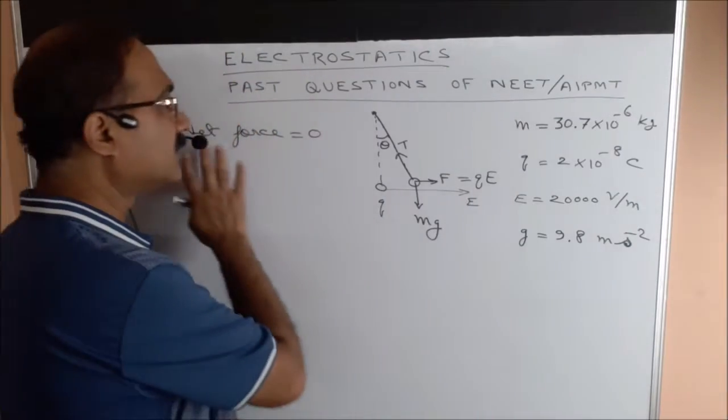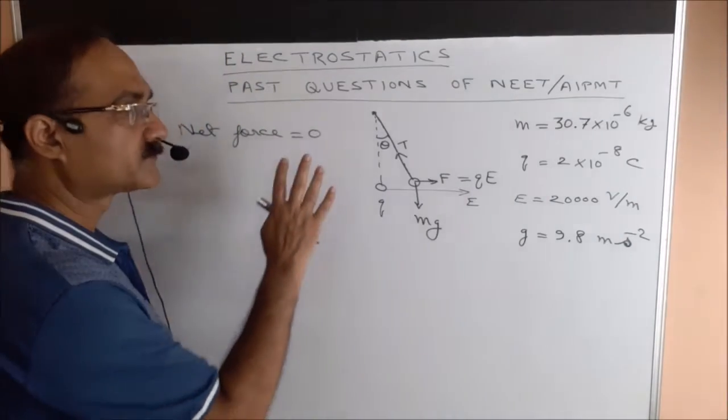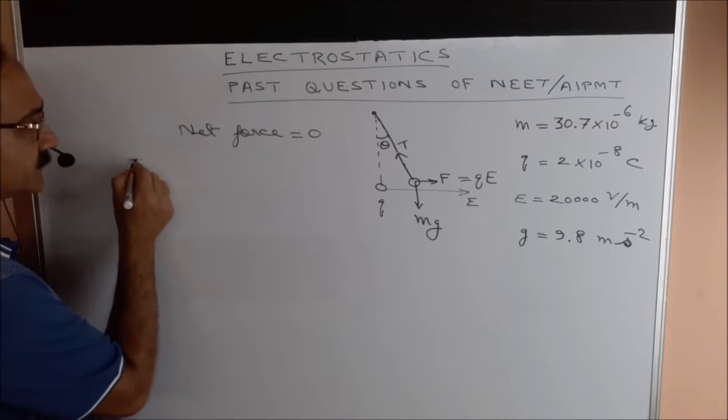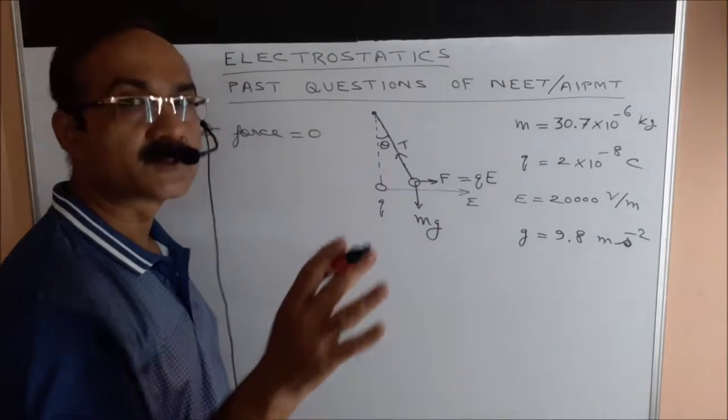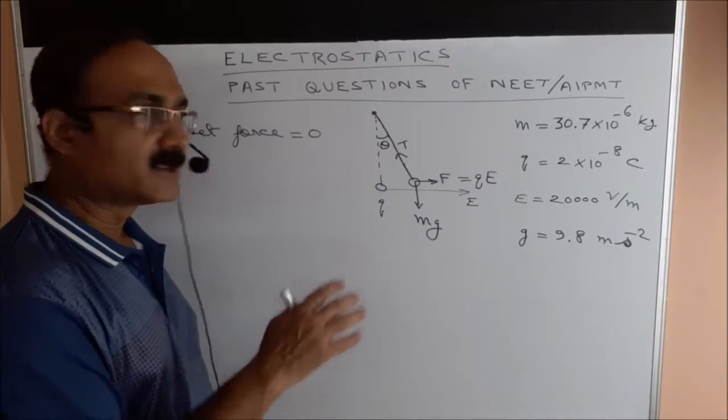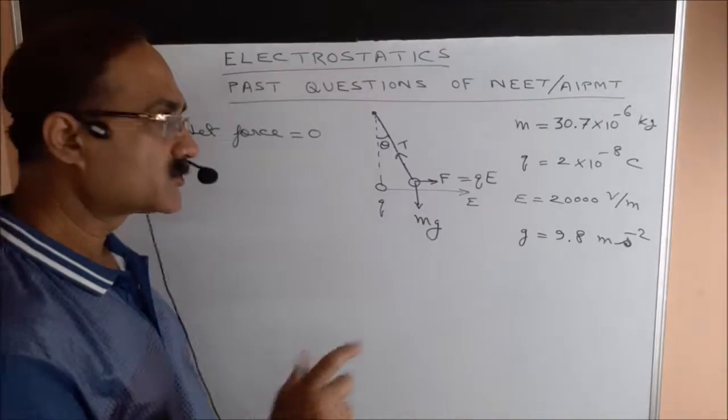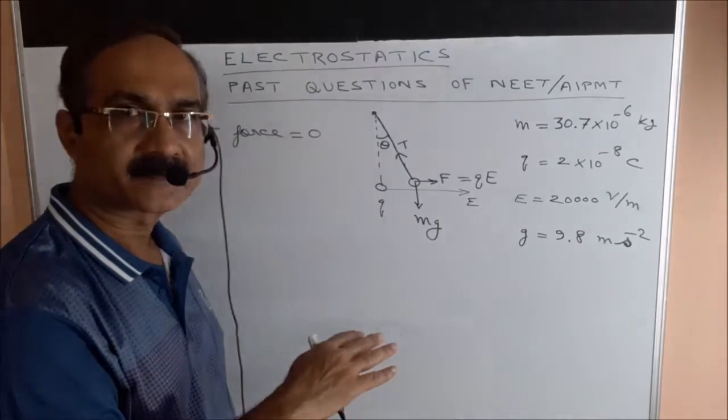Now, the net force is equal to 0 implies that vector sum of these forces is 0. Now, in a situation like this, we usually do it in this way.